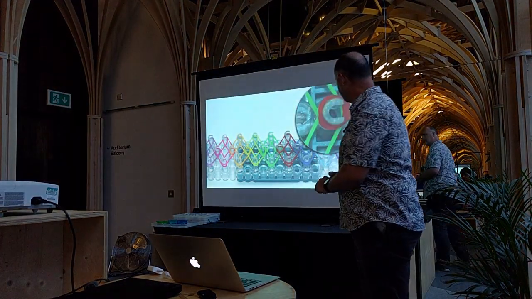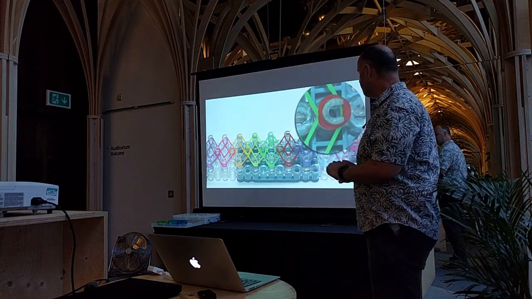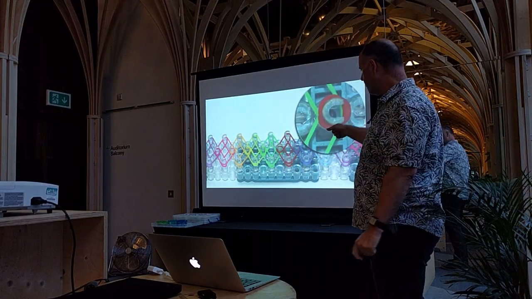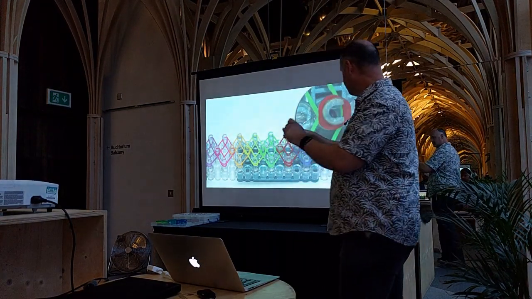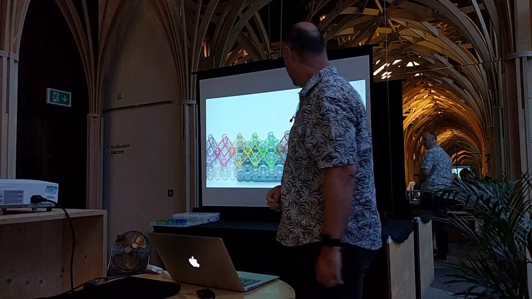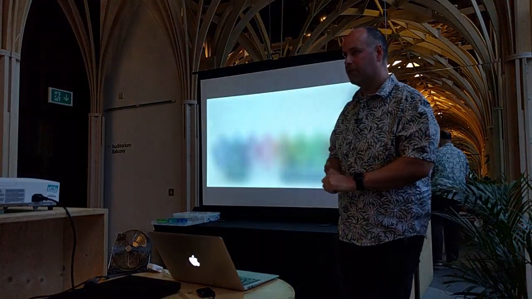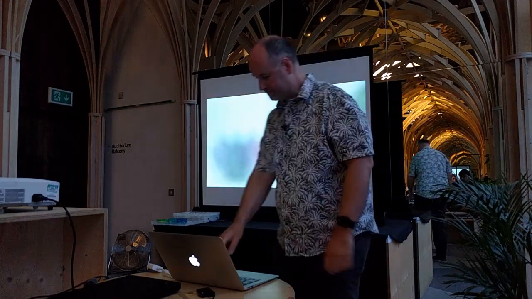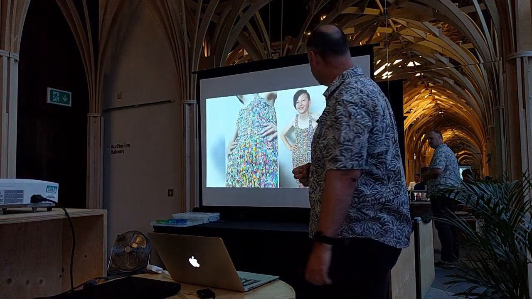Just another example, when I first did a version of this talk a few years ago, not quite so popular now, but if you have kids of a certain age, you might be familiar with loom bands. These are toy bands that you can weave together to make all sorts of complex, intricate things. Of course someone took it too far, and they made a dress out of loom bands.